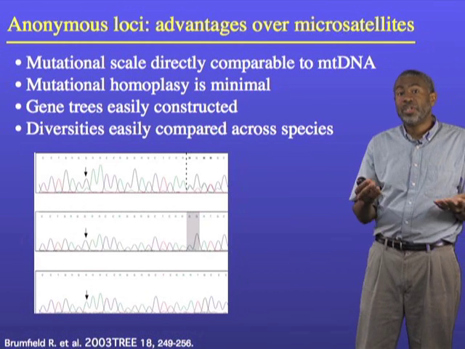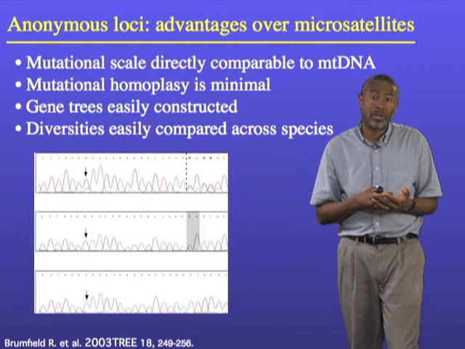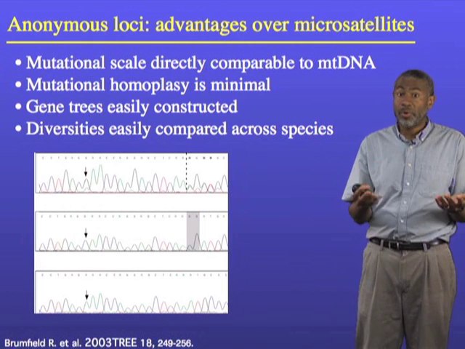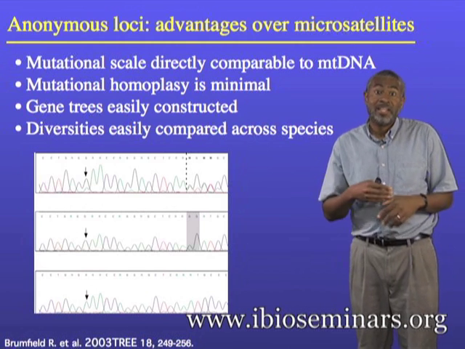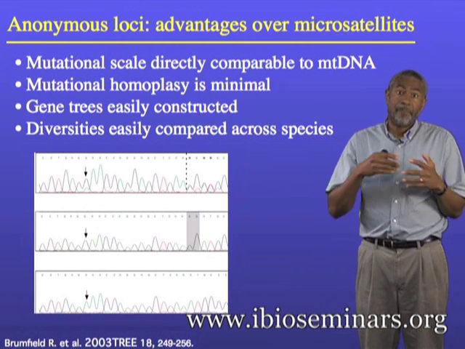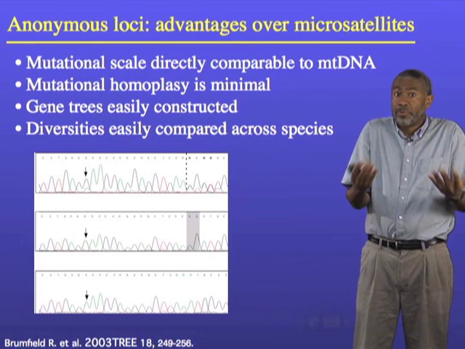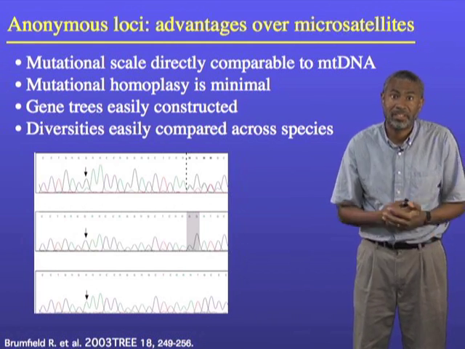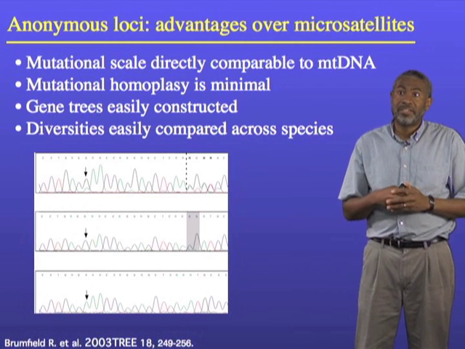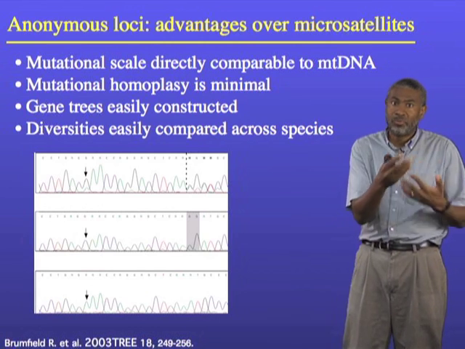Now, we're going to be using a series of loci, a series of genetic markers that you might call sequence-based markers, or in our case, anonymous loci. These are essentially random bits of the genome that may not even encode a protein. They may just be junk DNA in some cases. Why do we like this? Because it turns out that junk tends to change readily.